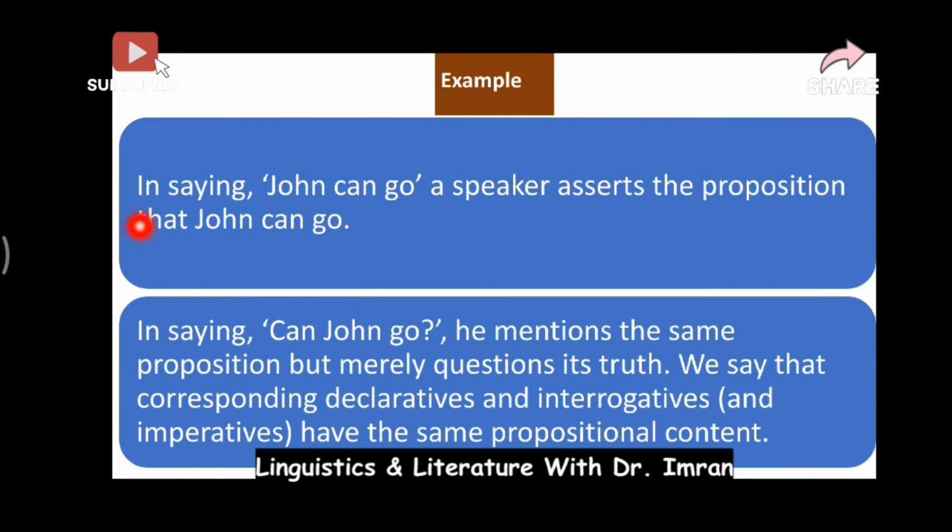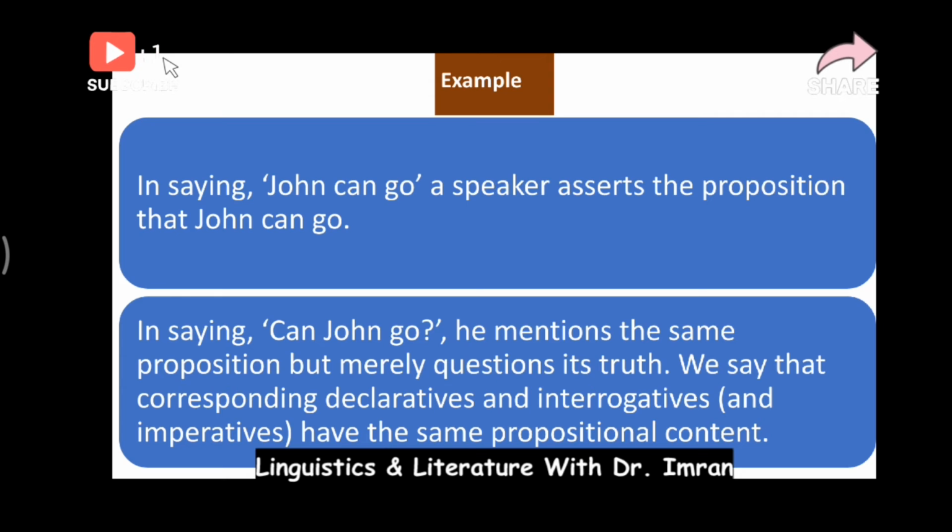Example. In saying "John can go," a speaker asserts the proposition that John can go, right? "John can go" is a declarative. So a speaker asserts the proposition that John can go. In saying "Can John go?" he mentions the same proposition. So the proposition that is here is also here, but its truth is merely questioned. He's not asserting. The truth is questioned.